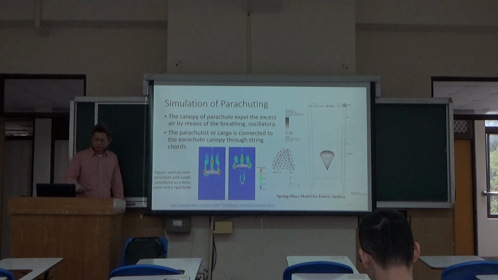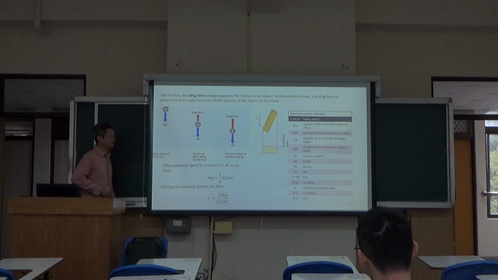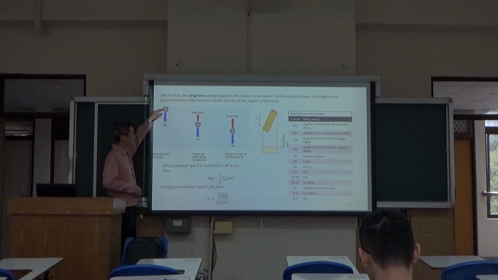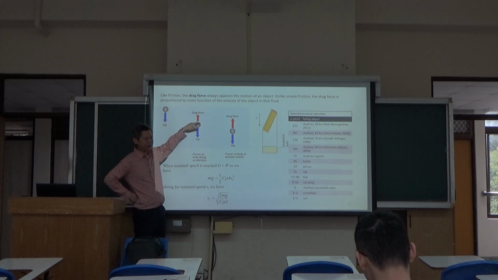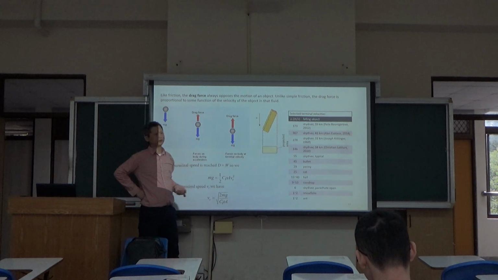Next, for the parachute, one of the characteristics is that when a man is free falling, he will eventually reach a terminal speed where the drag force balances his weight.